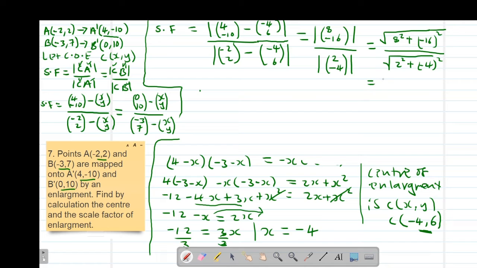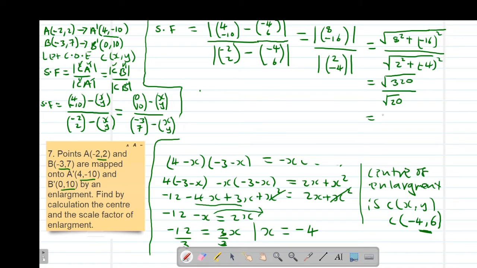So this should give you the square root of 8 squared. So 8 squared is 64. So 8 squared plus negative 16 squared will give you 320. So this will be 320, then divided by 2 squared, then you add negative 4 squared, you are going to get positive 20. So divided by the root of 20.